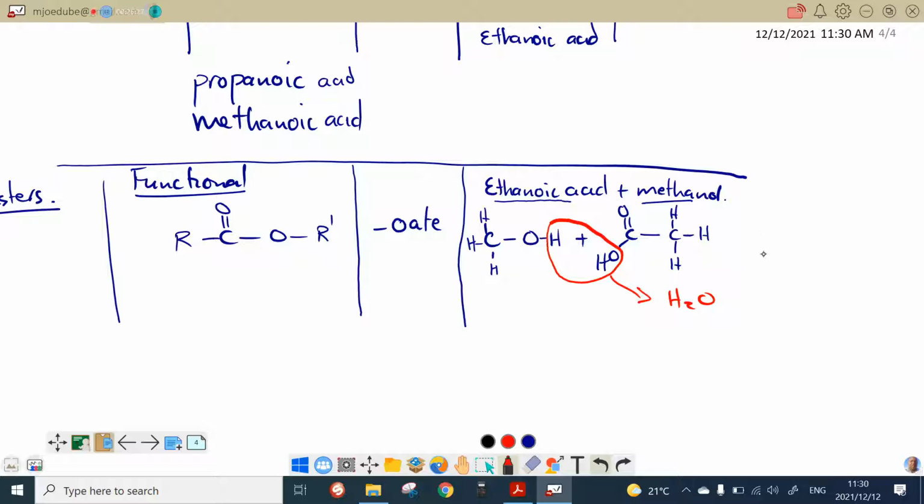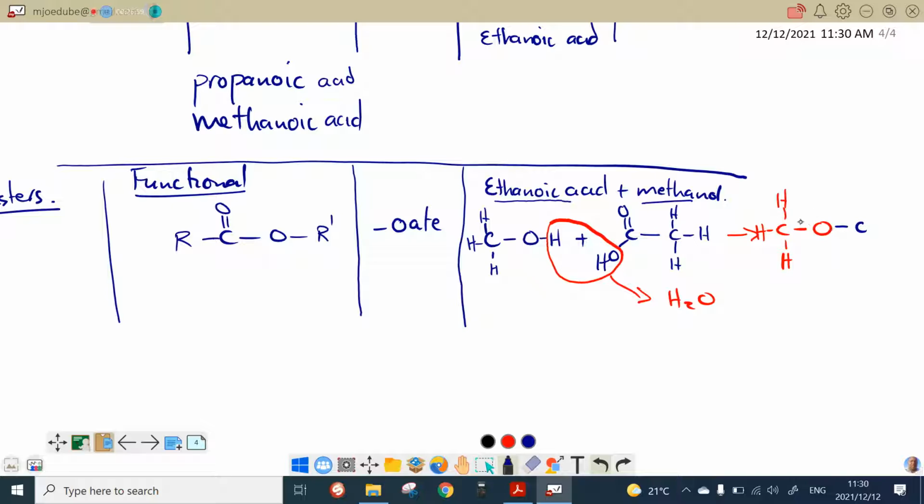The product that you're going to get is CH3, the part coming from the alcohol, as well as the oxygen, and then it combines with the part that's coming from the carboxylic acid.